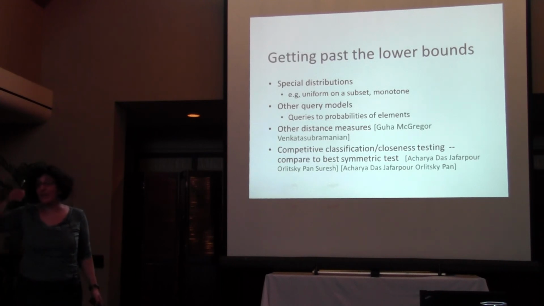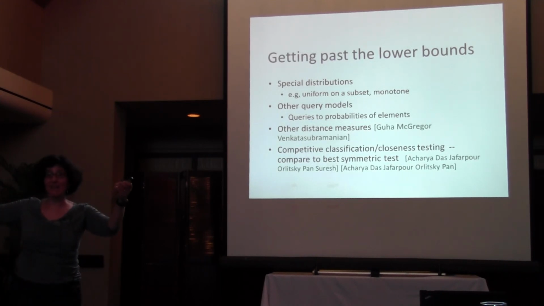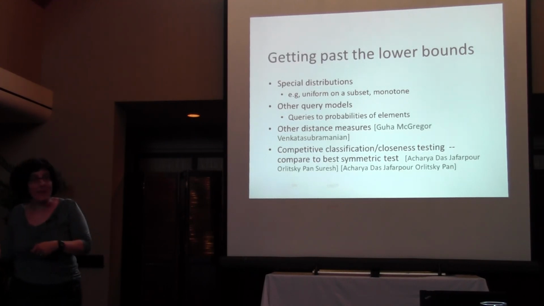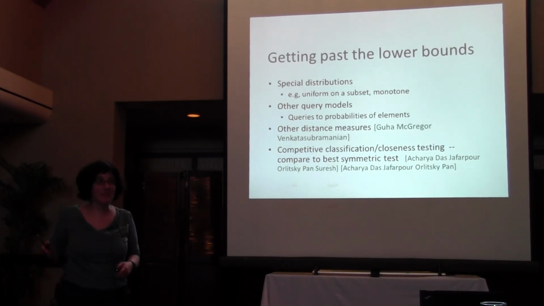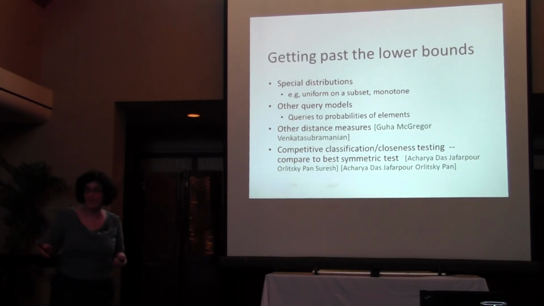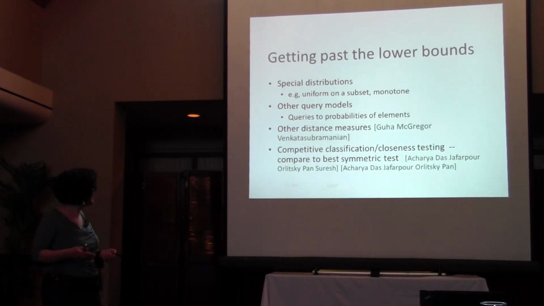For example, on the Google Ngram, all the frequencies are given to you, so you can just query the frequencies, and you can also get a random sample. Now, for many problems in that model, you can get exponentially faster algorithms, so why not? So that's another model that people have looked at.